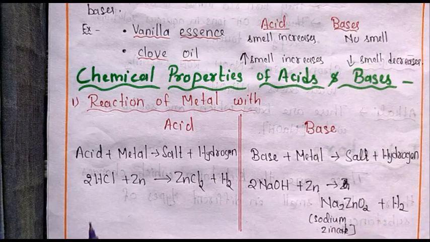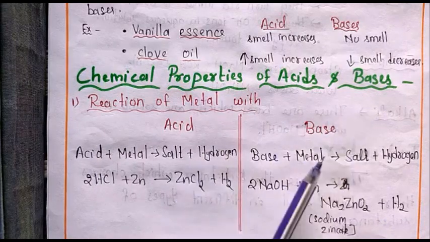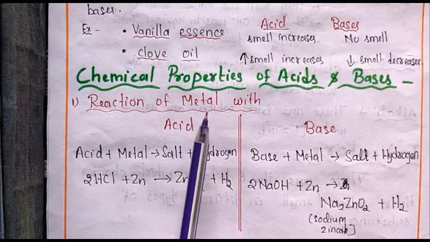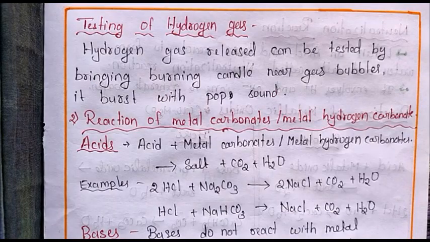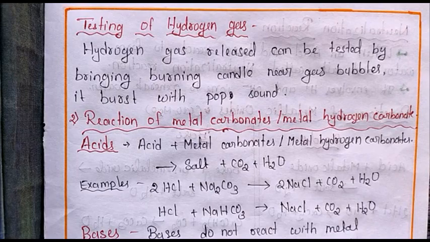So when acid and base both react with metals, they give salt and hydrogen. We read that it produces hydrogen gas.